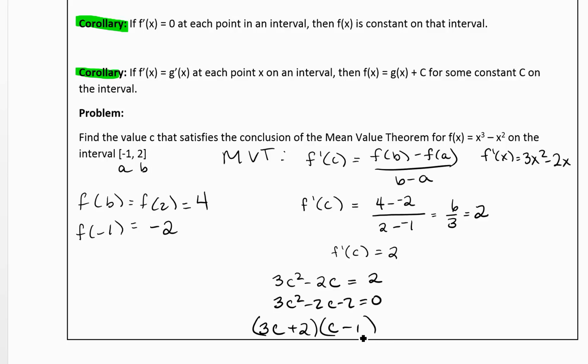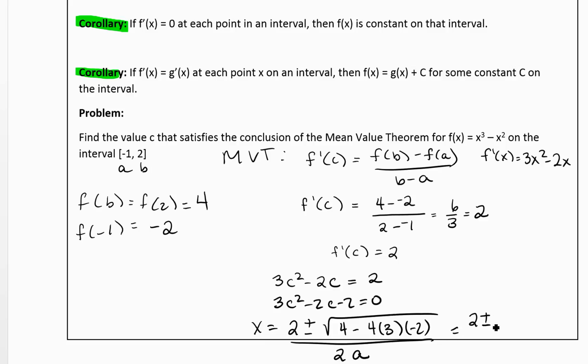Wait a second, what is it? Okay, I don't think this is going to factor, but we could use the quadratic formula. x equals the opposite of b plus or minus the square root of b squared minus 4ac all over 2a.